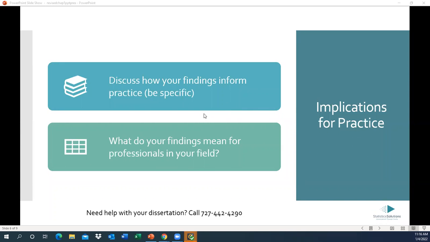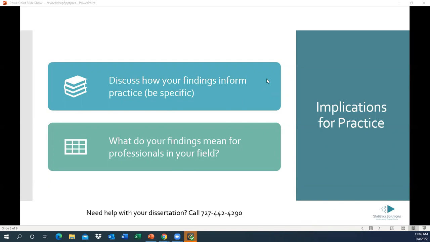Okay. So, we conduct studies for certain reasons. The information that you get has value. And these next two sections, implications for practice and recommendations for further research, are kind of like talking about the value of the information that you got, right?